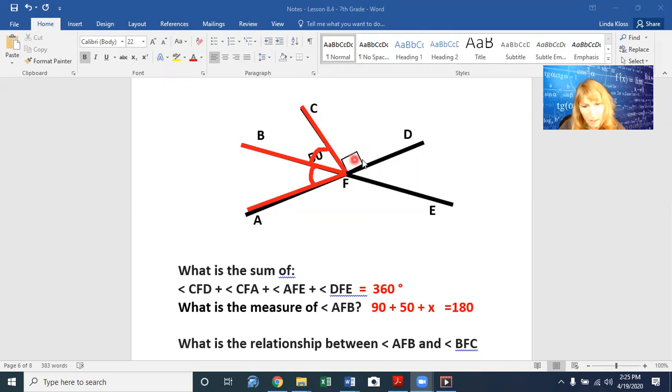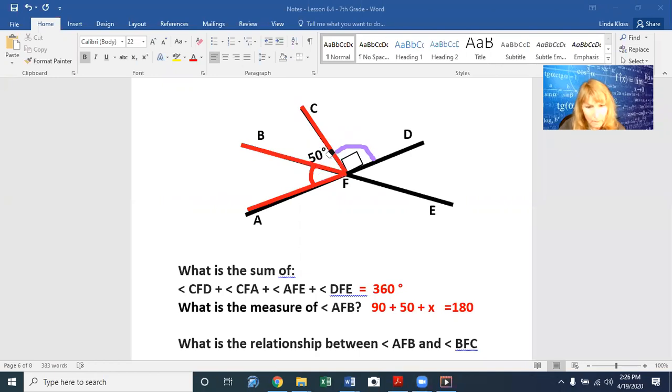And if this is 90 and we know that this whole line has to equal 180, then 180 minus 90 is 90, right? So this angle is also 90 degrees, correct?